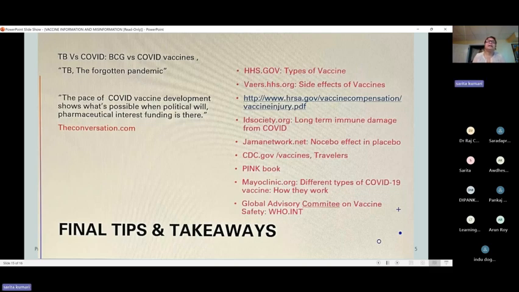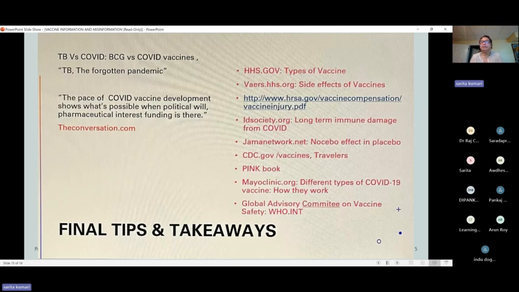On the other hand, tuberculosis has been prevalent in the developing world for hundreds of years. The BCG vaccine is the only vaccine which can save some children, but no real vaccine has been created. Now there is some new research going on for a TB vaccine, but TB is the forgotten pandemic.